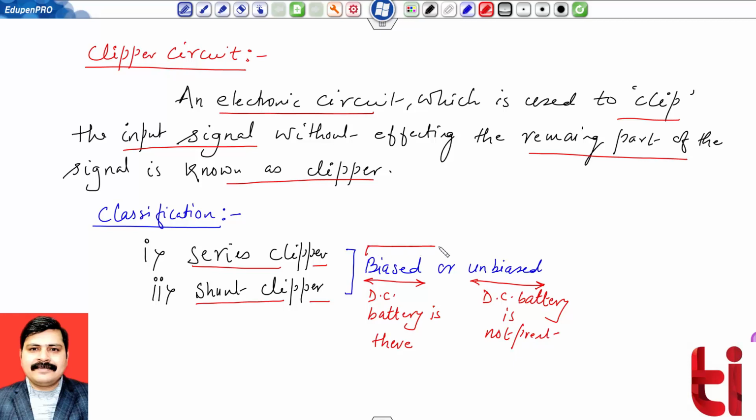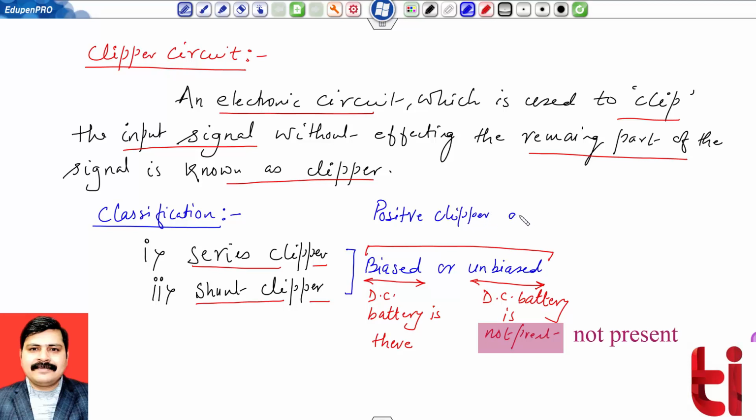Further, there is one more categorization, depending upon the input signal clipping. It may be termed either a positive clipper or a negative clipper.